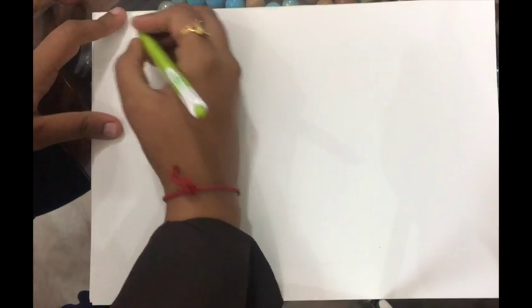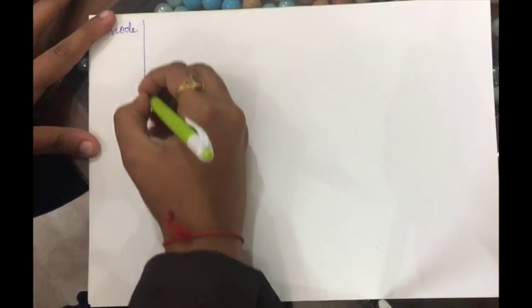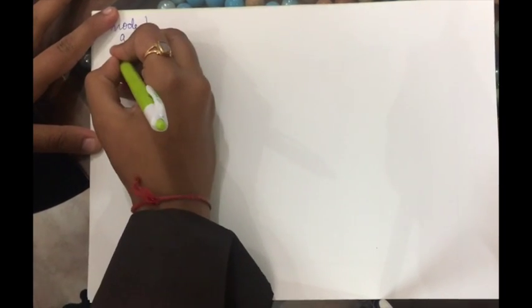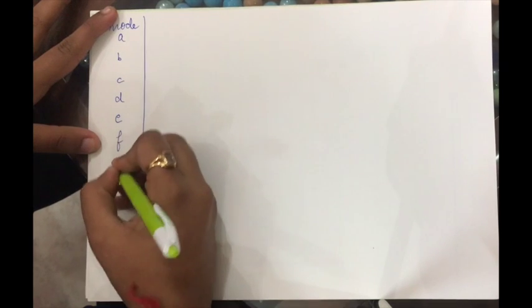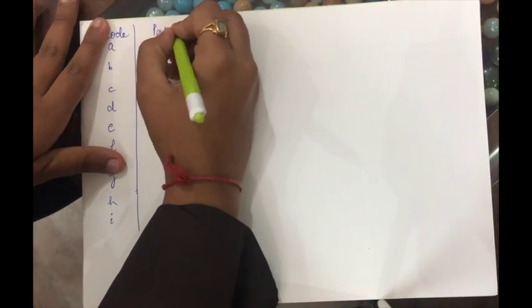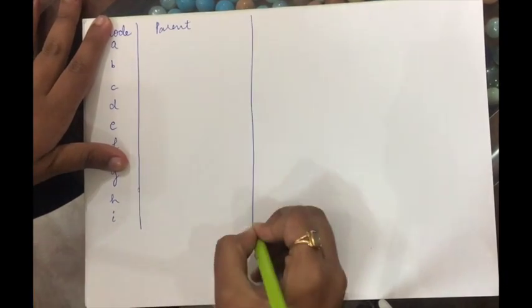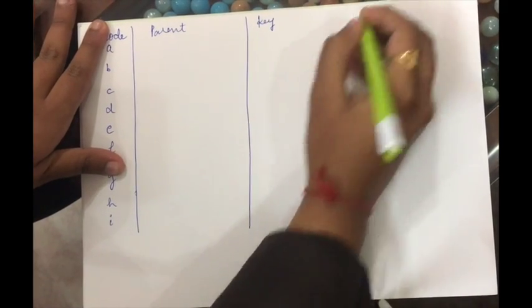For this purpose, we have to construct a table, which will have the nodes, containing the names of all the nodes: A, B, and so on up to E, F, G, H and I. Then you are going to have the parent of every node, and you are going to have the key or the value of that node.